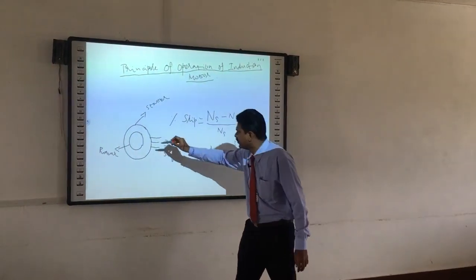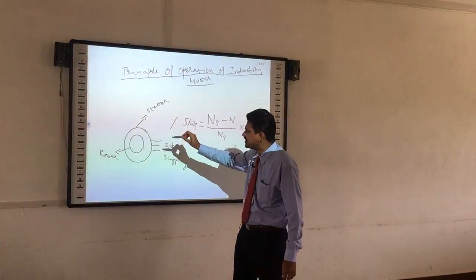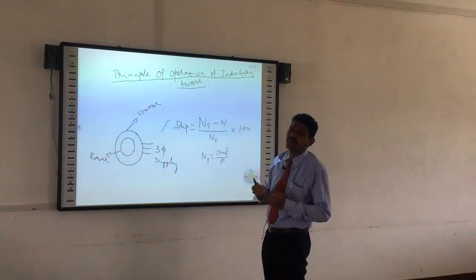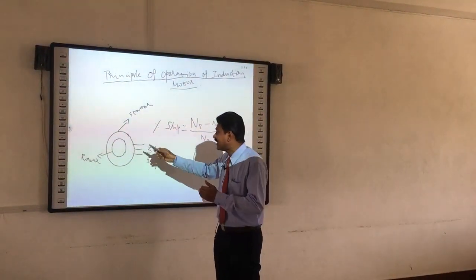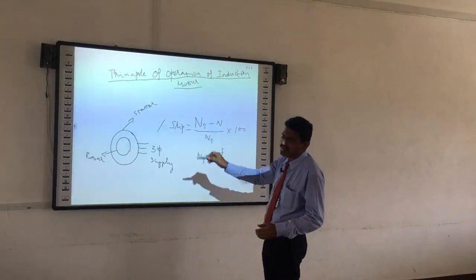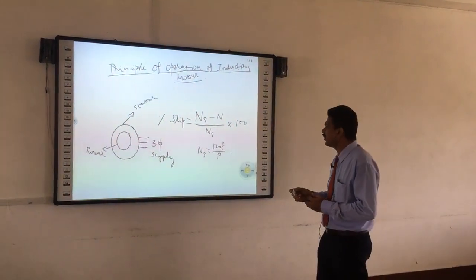Now the flux is rotating in the air gap between the stator and rotor, so this rotating magnetic field sweeps the rotor conductors. As per Faraday's law of electromagnetic induction, an EMF will be induced in the rotor. Since the rotor is short circuited, current will flow through the rotor.